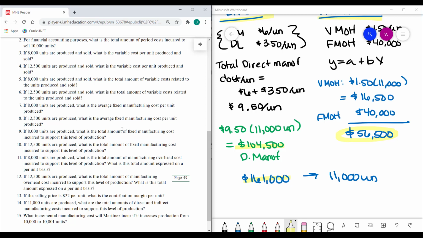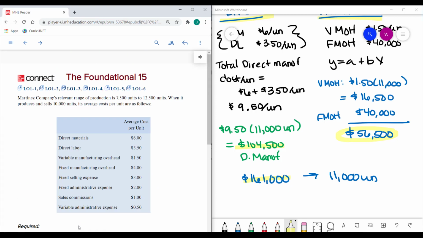So incremental manufacturing cost means what's the extra product cost that would be incurred by making one extra unit? Well, again, if we look at these product costs that go from direct materials down to fixed manufacturing overhead, the fixed overhead, remember that $40,000, is incurred every period regardless of the level of production, right?